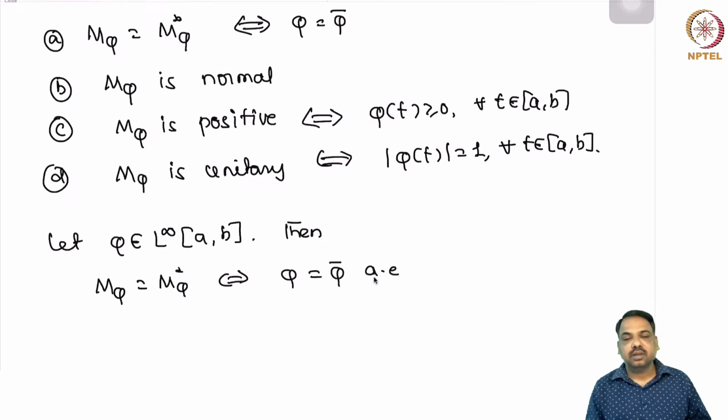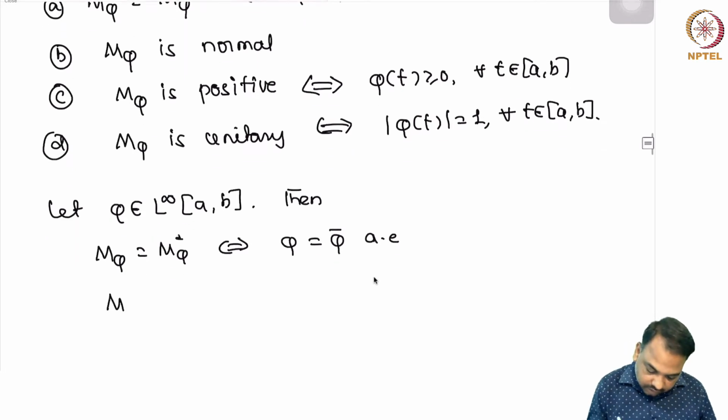Similarly, we can state all the other statements. Whenever phi is positive almost everywhere, we can say that M phi is positive.